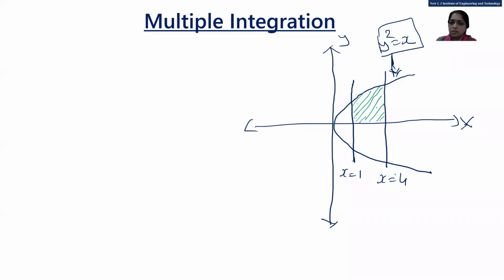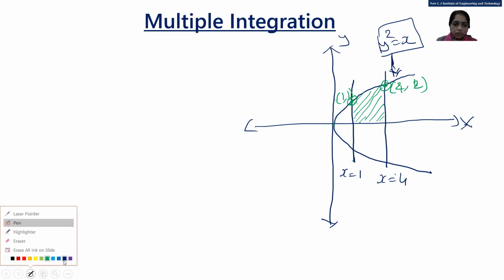So this area is surrounded by these four constraints. This is the sketch they have asked for. This point is (1, 1), and this point is (4, 2). This is the point of intersection.